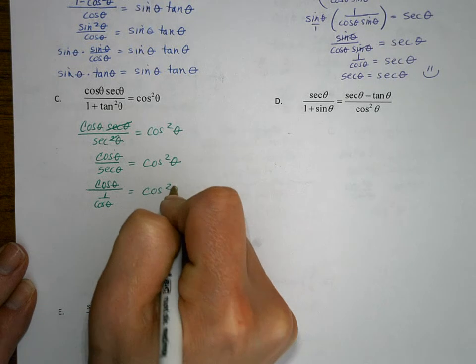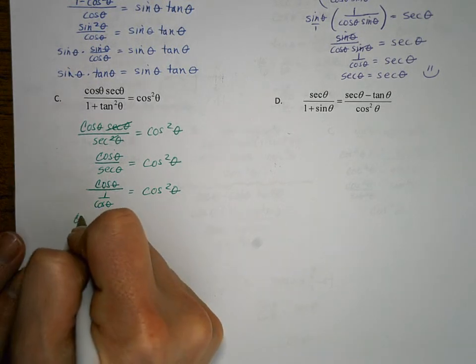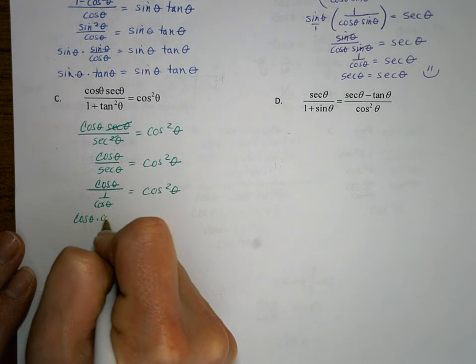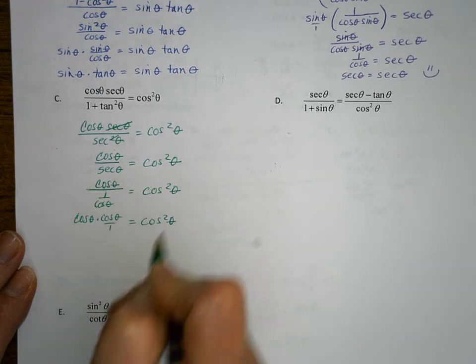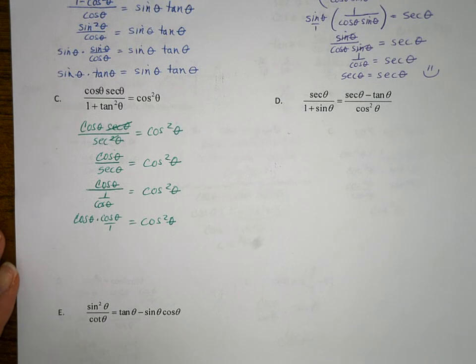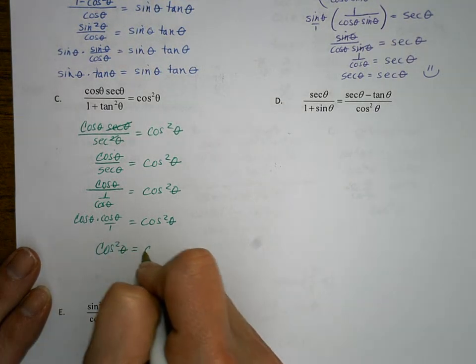Every time, every line. What do I do when I divide by a fraction? Multiply by the reciprocal. So that's really cosine times cosine over 1 equals cosine squared. Well, what is cosine times cosine over 1? Cosine squared. No question, cosine squared equals cosine squared.